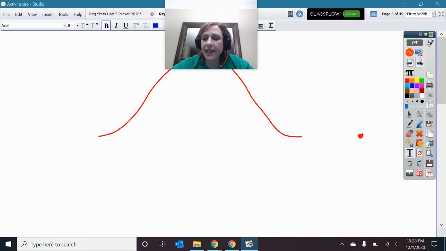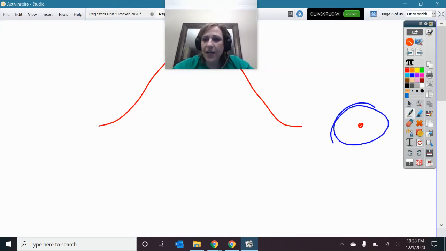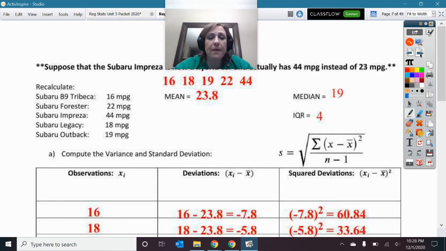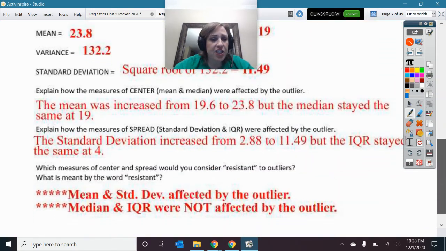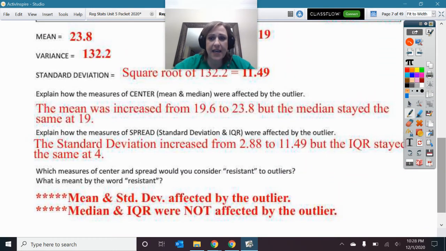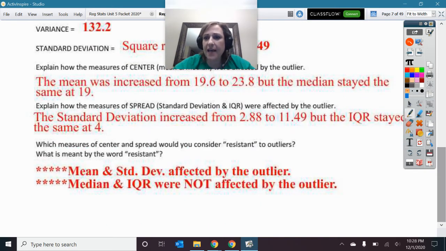But when that outlier was introduced, when that measure of 23 was now 44, and we had an outlier, the mean was affected and the median was not. The standard deviation was affected and the IQR was not.